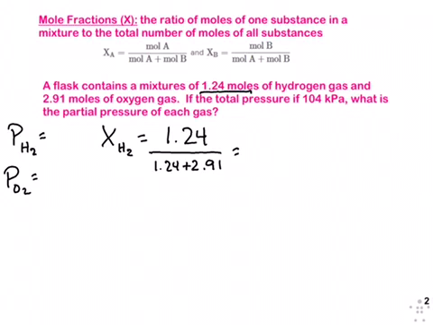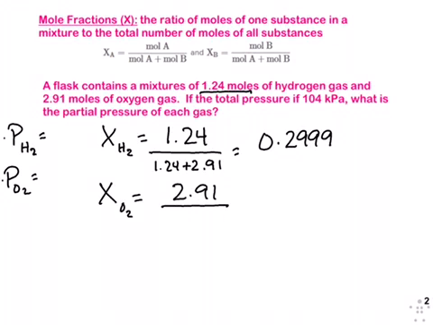When you do that, you get the mole ratio of 0.2999 for hydrogen. Since it's asking for the partial pressures of both hydrogen and oxygen, you need to repeat this step, but calculate the mole fraction for oxygen gas. In this particular one, what would be our numerator for oxygen gas? Very good, 2.91 over the total, 5.1.